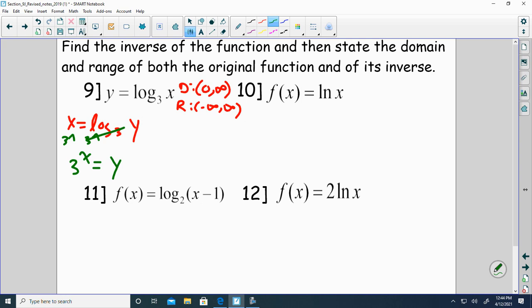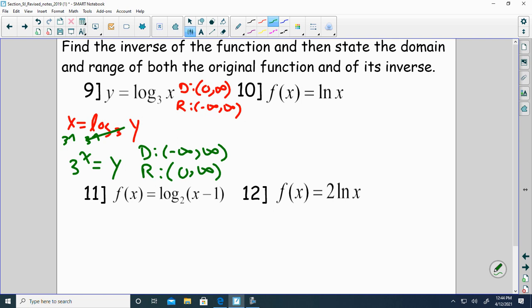Was the domain originally restricted? Okay. Was my range originally restricted? So this appears that the domain could go negative to positive infinity, and the range could go 0 to infinity. And actually, if you leave it like that, you're fine. Just flip-flop the domain and range.